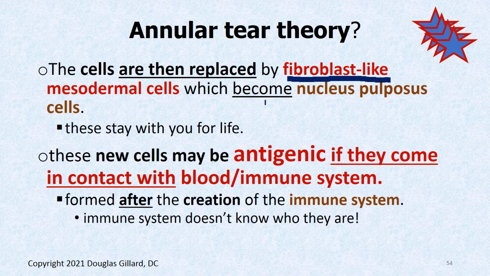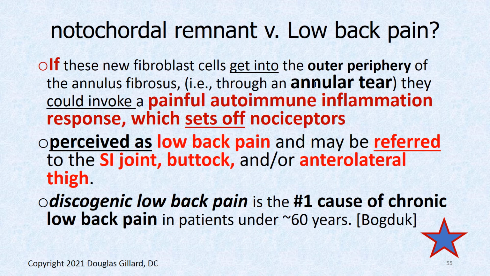And it's possible that if these nucleus pulposus cells get outside, or at least get into the periphery of the disc where the sinuvertebral nerves and the blood vessels are, the body's immune system will take a look at them and go, I don't know who you are. It's because they're created after birth, and you could have a wicked inflammation because of that, and a wicked discogenic low back pain, which we've talked about in spinal anatomy. And yep, that's the deal.